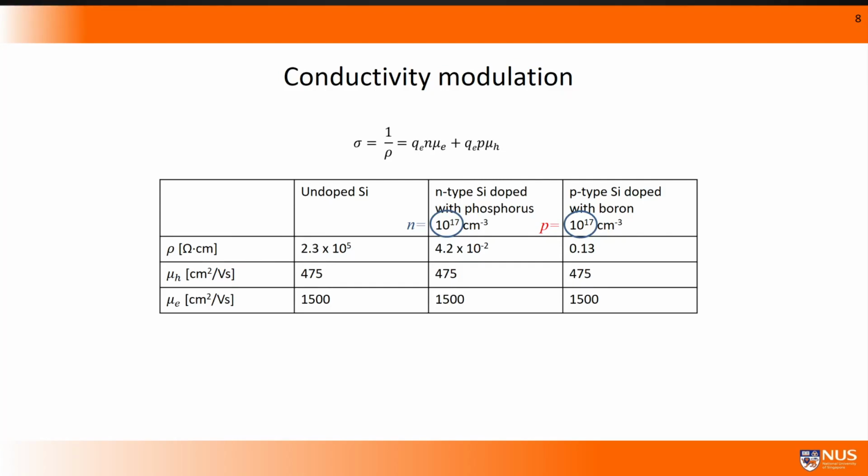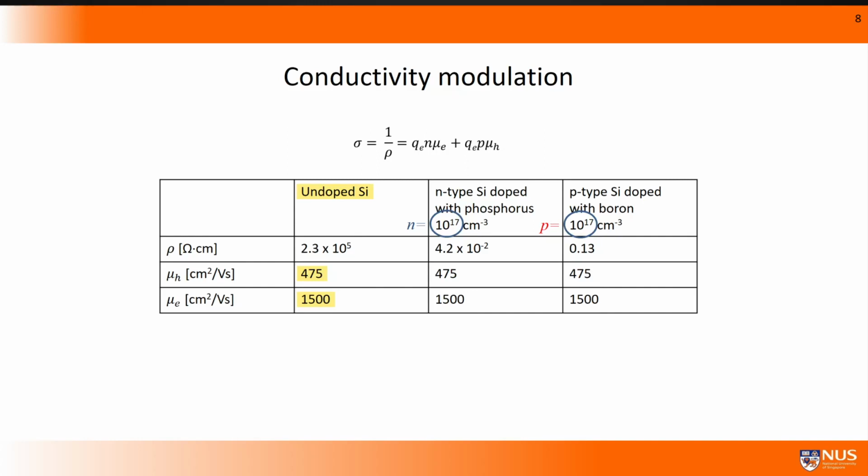Now, to show you the power of this method and why it's so important, I've done some simple calculations using the equation from the most important slide of the course. Now check it out. In undoped pure silicon, we have a certain hole mobility, a certain electron mobility. The same mobilities hold true whether or not you've added boron or phosphorus. The mobilities don't change.